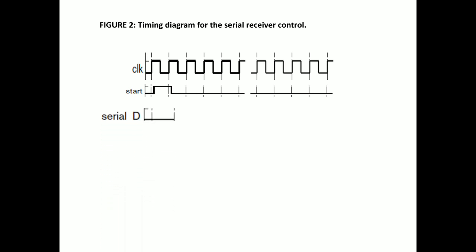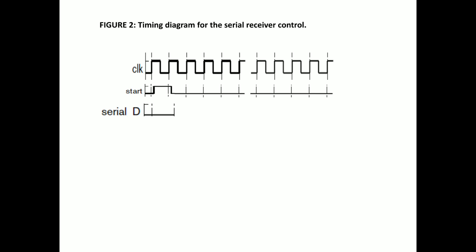Then the data transfer should occur. Till the start signal is 1, the data transmission will occur. After the start signal goes to 0, at the receiving end we will be getting the 64-bit data.